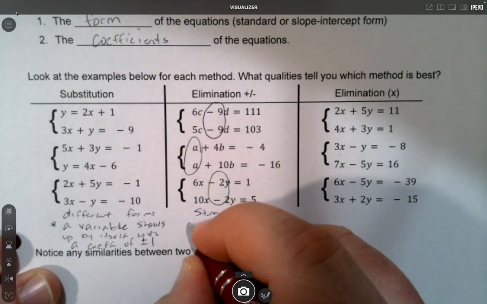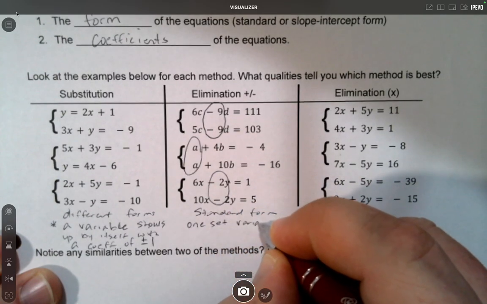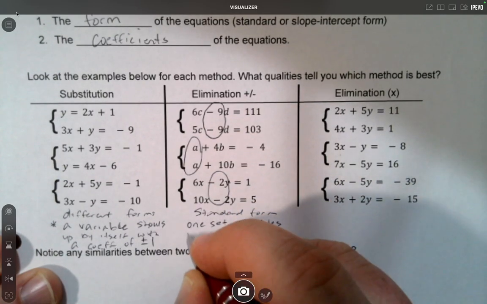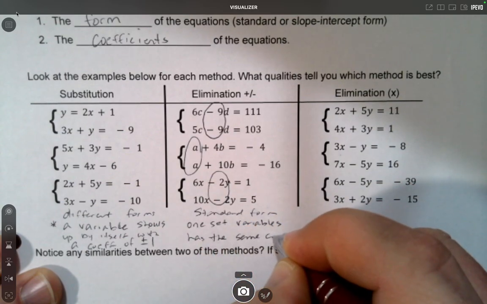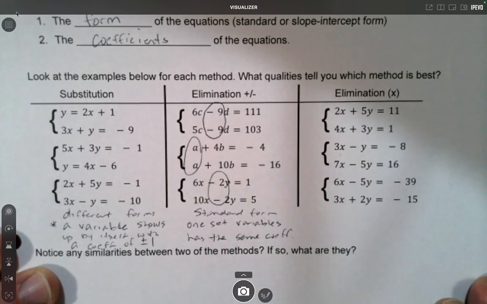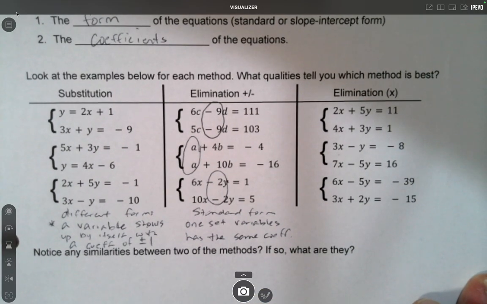So at least one set of variables, could be both sometimes, has the same coefficient. I could say the same absolute value because whether they're the same sign or a different sign, all that does is determine whether we're going to add the equations together or subtract the equations. Either way, this method works well.